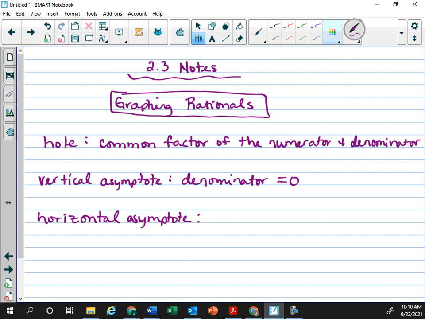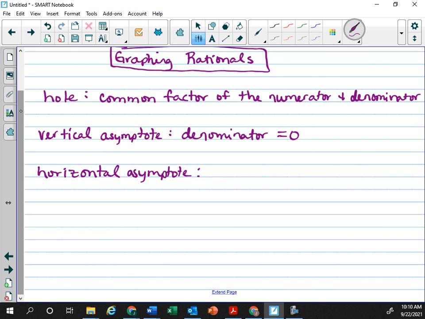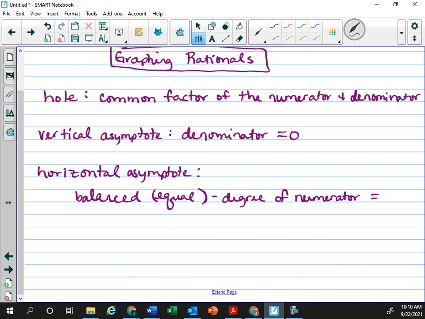Okay, a few things that can happen here. There's 3 different situations. We can have balanced, or sometimes call it equal. And that's when the degree of the numerator equals the degree of the denominator.